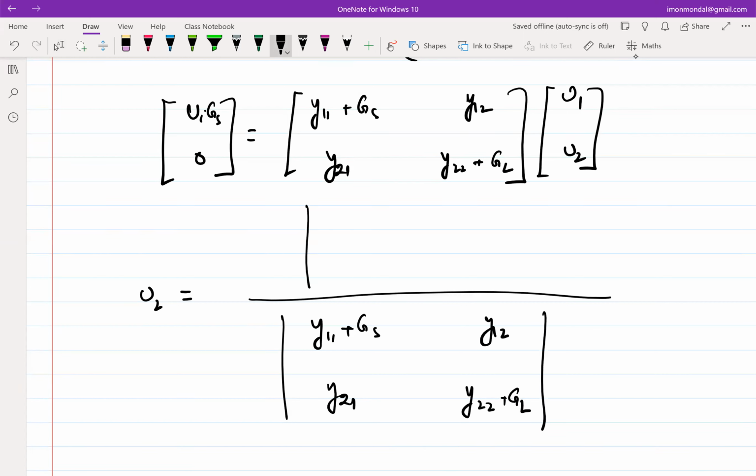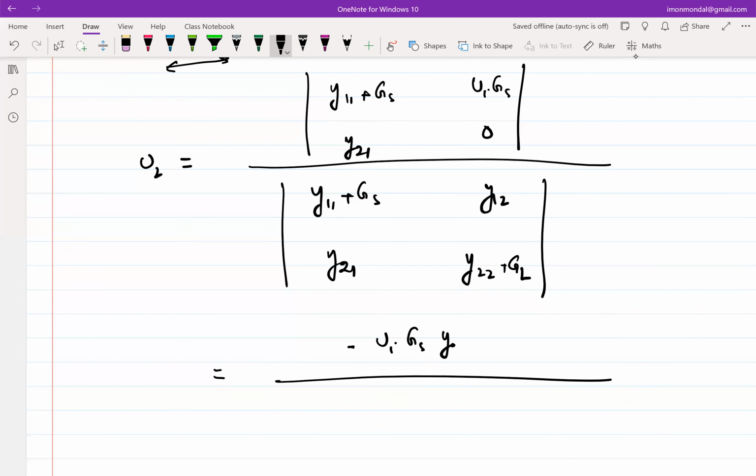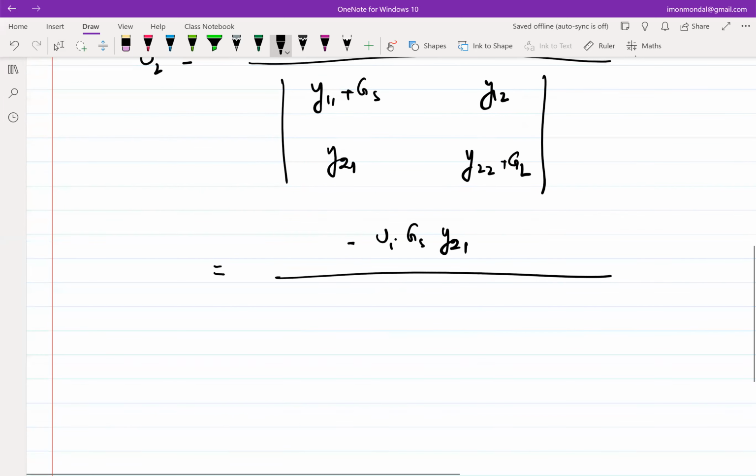Numerator, since I want V2, I replace the second column with this, right? So now if we expand this, the numerator simply becomes minus Vi GS Y21, and the denominator.